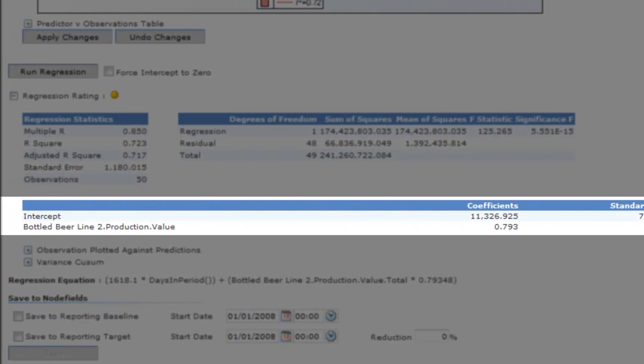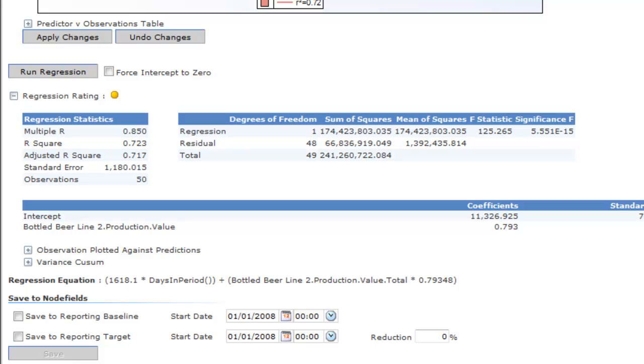Key information such as what is the intercept coefficient, or in this case what is the base load for the analysis I performed, and also what is my variable load, or as this example is showing me, what is the level of kilowatts it takes me to produce one bottle of beer on line 2.